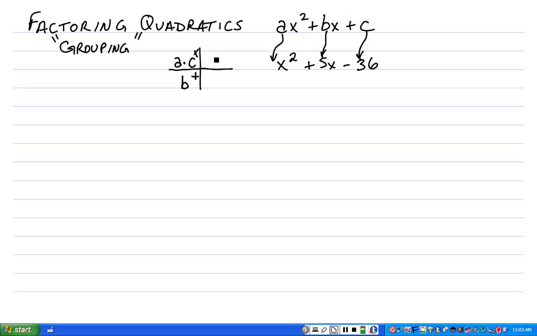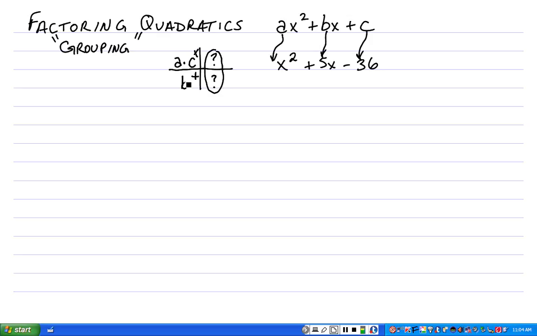So we're trying to come up with two numbers that when we multiply the two numbers we get whatever a times c is, and when we add the two numbers we get whatever b is.